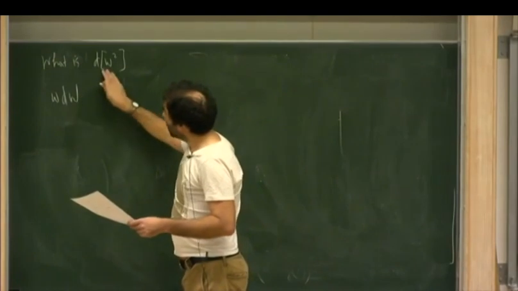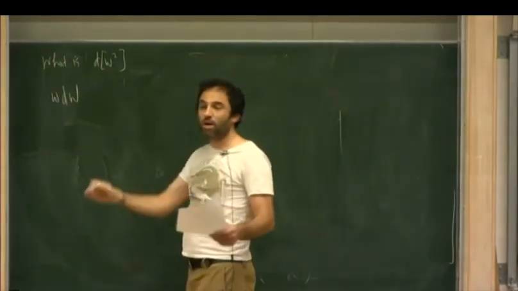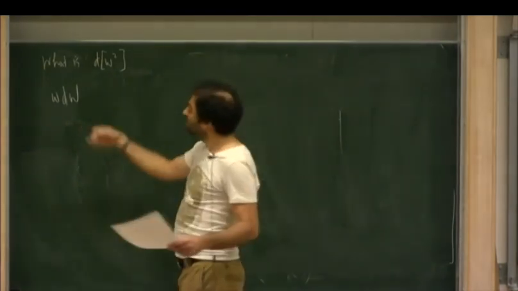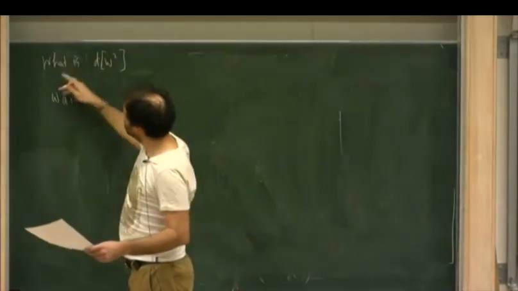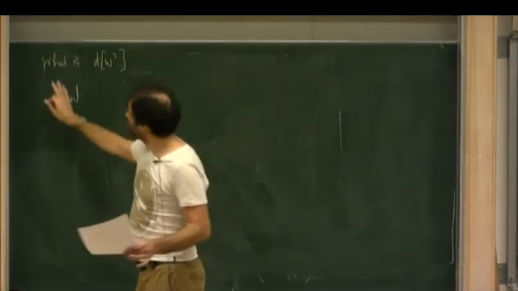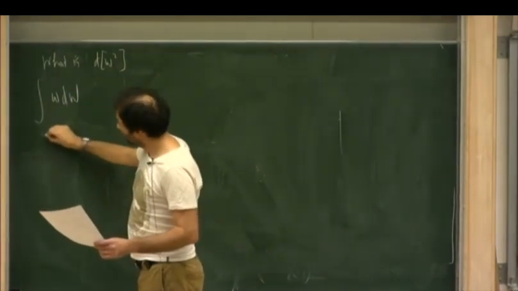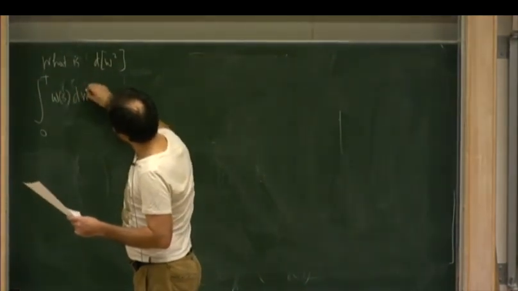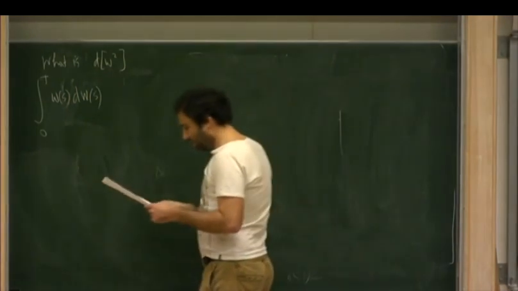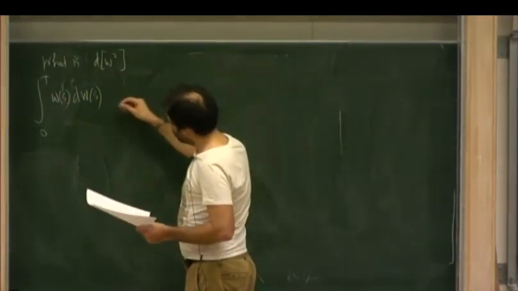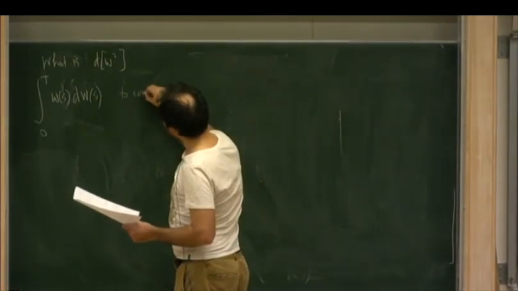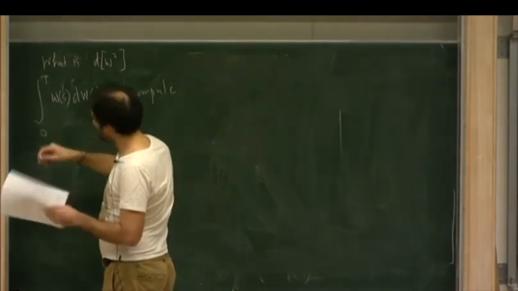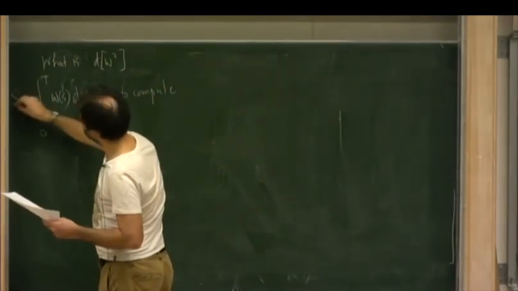And so to calculate this, we can also compare the integral of the function. So I can integrate this or integrate this to compare them. So I'm interested now in calculating the integral from 0 to, let's say, capital T of ω(s) dω(s). And to compute this quantity, let's call it S(t).